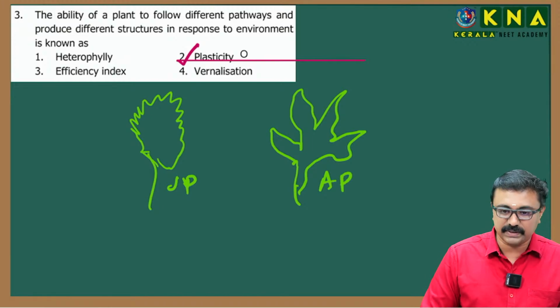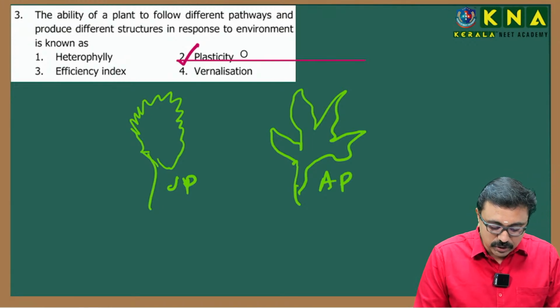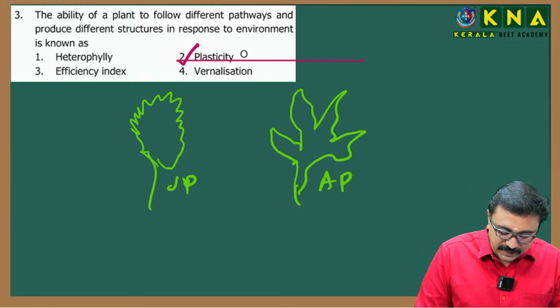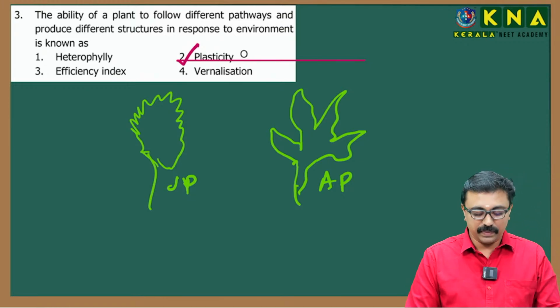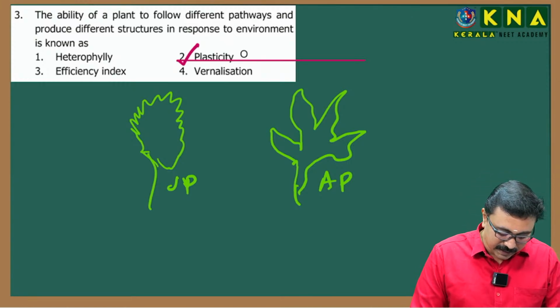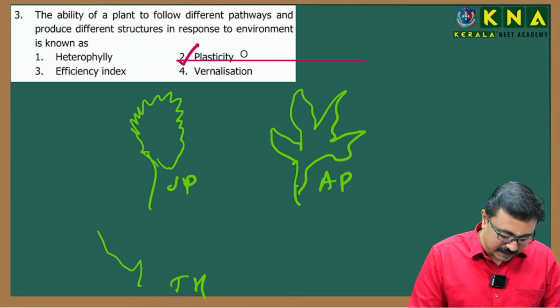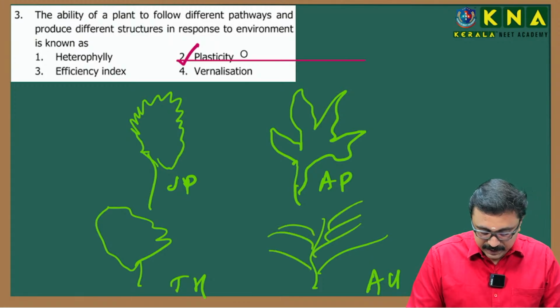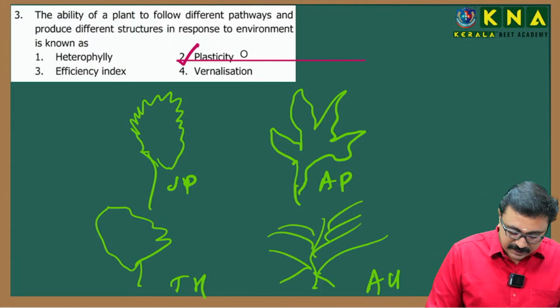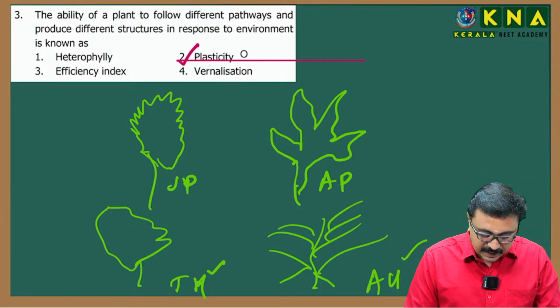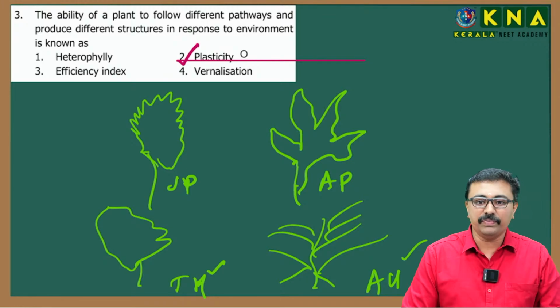So plant shows two different types of leaf in response to the phases of their life. And in the case of buttercup, in its terrestrial habitat, leaf is like this, but in the aquatic habitat, leaf may divide and form like this. That means based on the habitat, it produces two types of leaf.